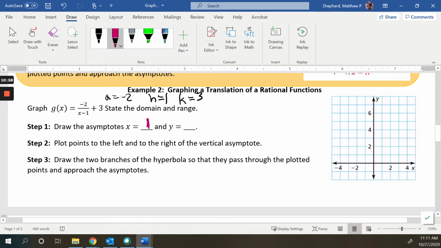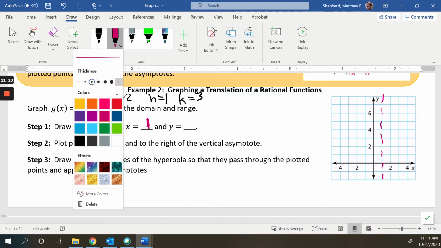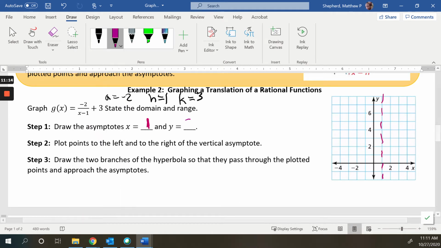Over here, x is a 1 along this dotted line. Then for the horizontal asymptote, we have where y is equal to k, or in other words, where y equals 3. So that's going to create that asymptote right there. Now we know where those are.